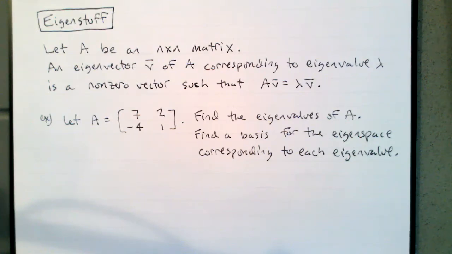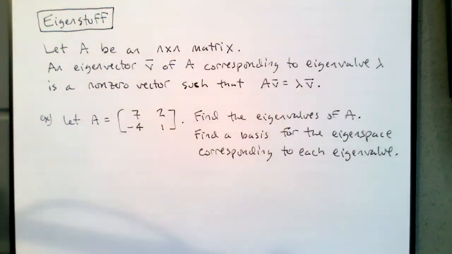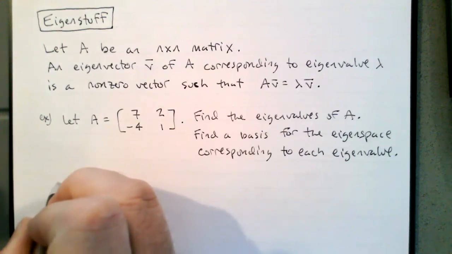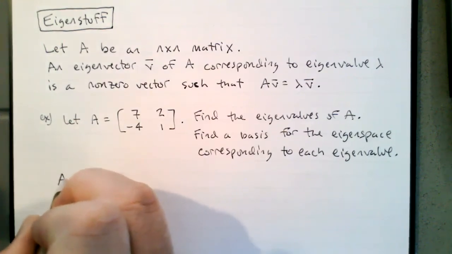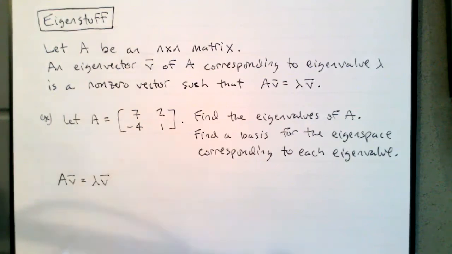Let's start with what we know. Let's suppose if V is an eigenvector of A corresponding to eigenvalue lambda, then A times V is equal to lambda times V. So it starts with AV is equal to lambda times V. Once again, this is going to be the traditional way.